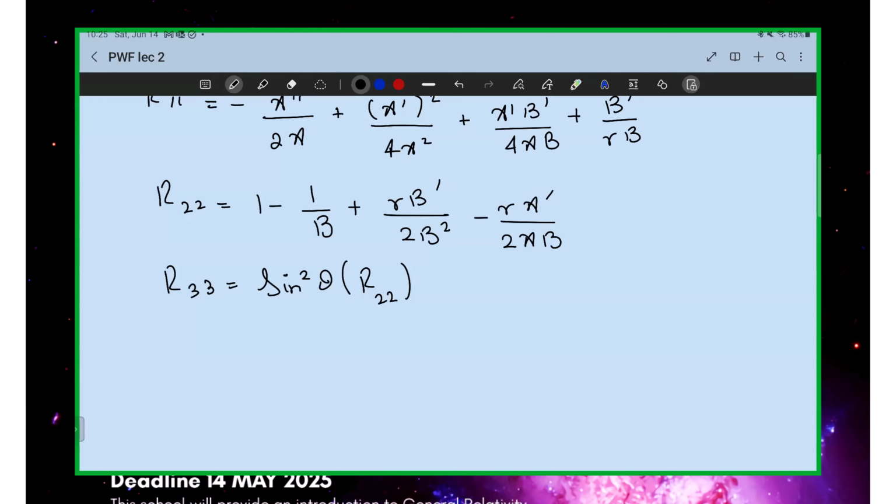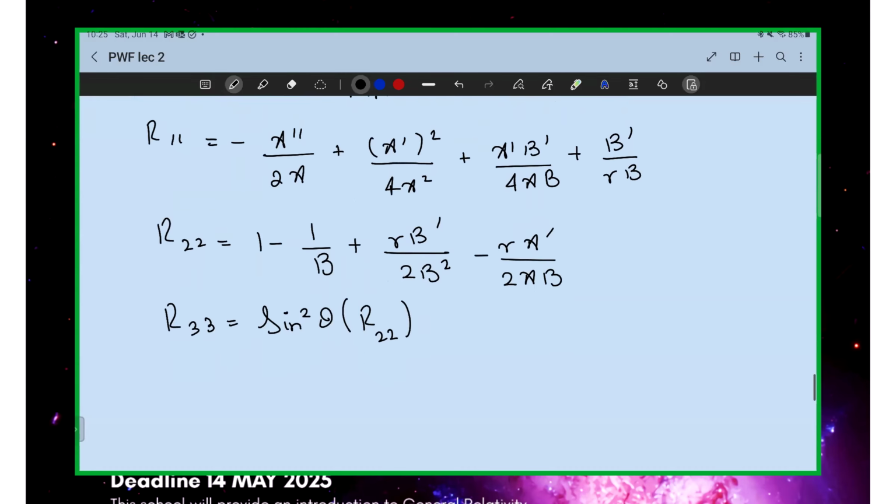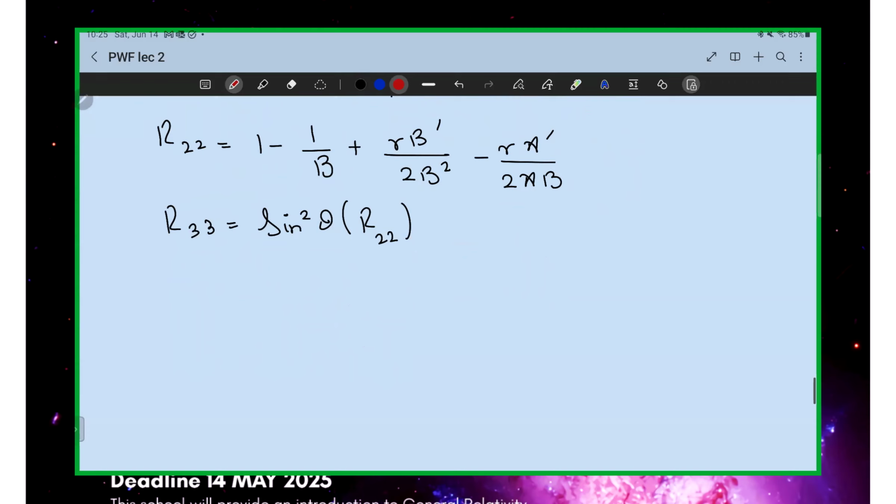Okay. Now, before I move on, I can tell you that all the non-diagonal components, like R01, R02, R03, and 1, 2, 1, 3, and 2, 3, they're all 0. Is that surprising?